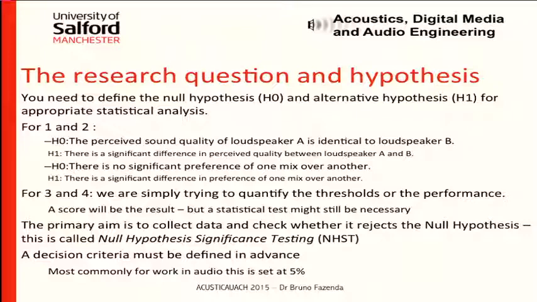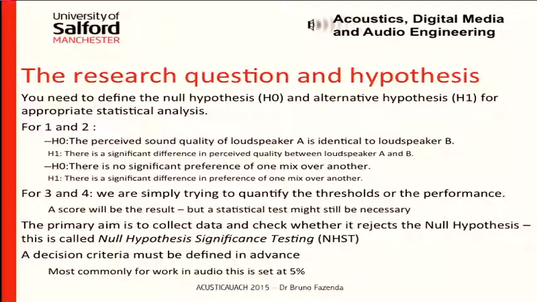You start off by saying, for instance, that the perceived sound quality of loudspeaker A is identical to loudspeaker B. In our example, we would say the perceived sound quality of WAV files is identical to the perceived sound quality of MP3. That's your null hypothesis. Of course, that then gives you an alternative hypothesis, which in our example would say there is a significant difference in the perceived quality between WAV and MP3.